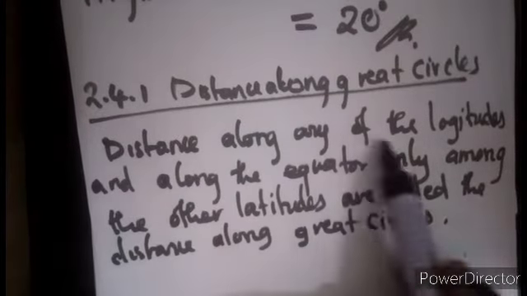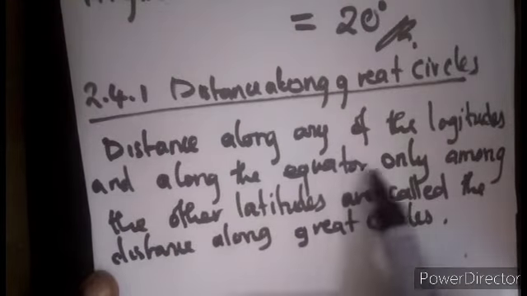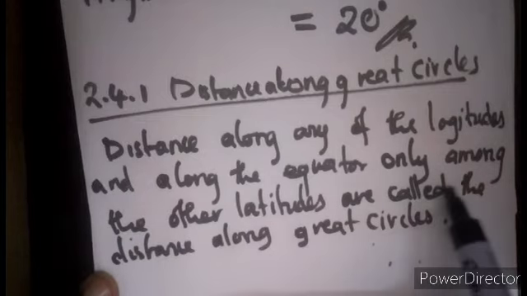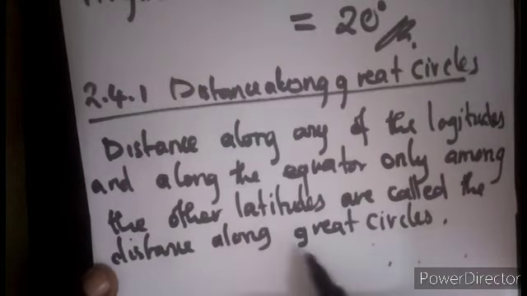The distance along any of the longitudes and along the equator only among the other latitudes are called the distance along the great circles.